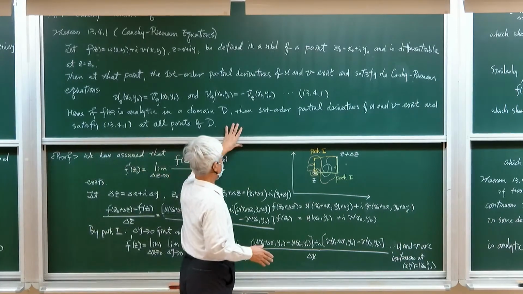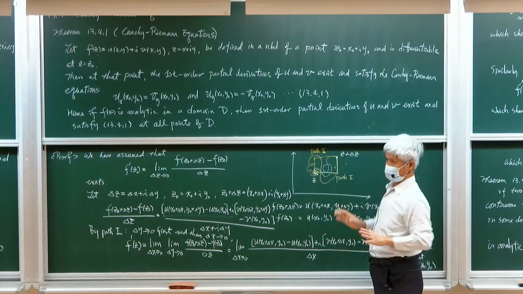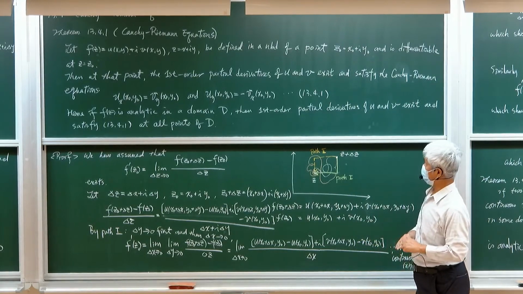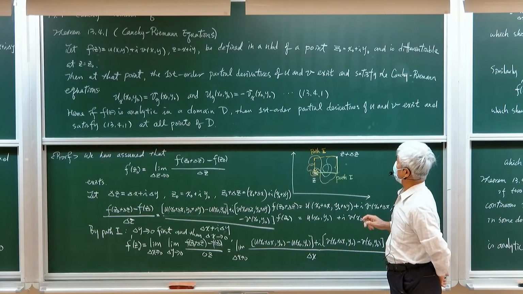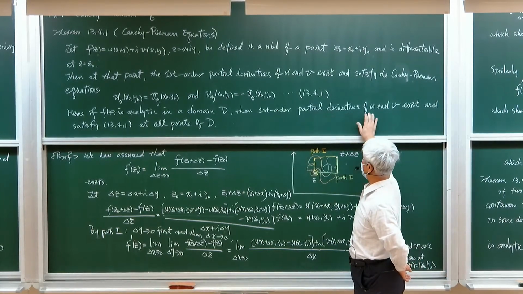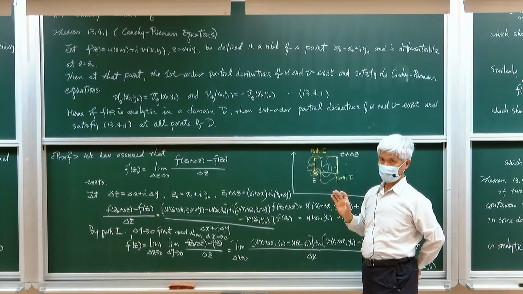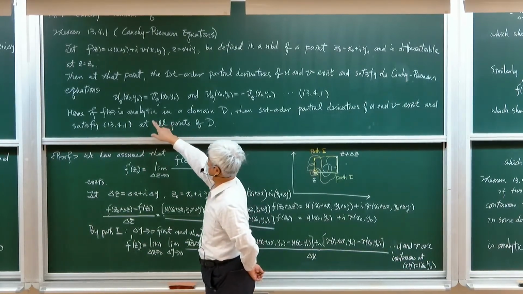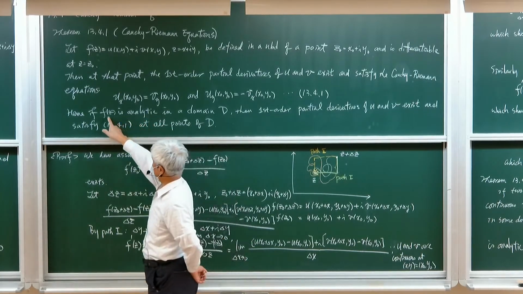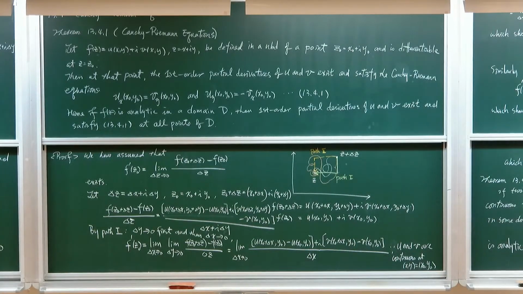And also, the first order partial derivatives exist. And later on, we will show furthermore that their first order partial derivatives are also continuous. Later on in chapter 14, we will show that the derivative of f is also analytic.